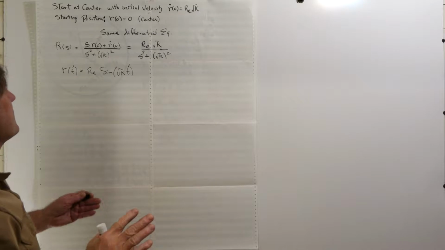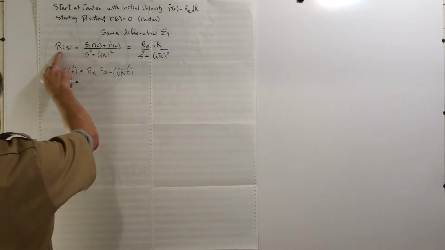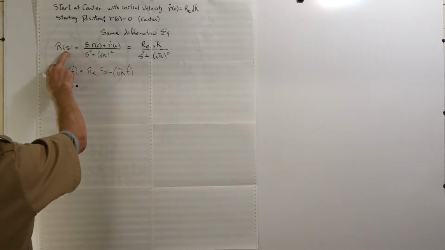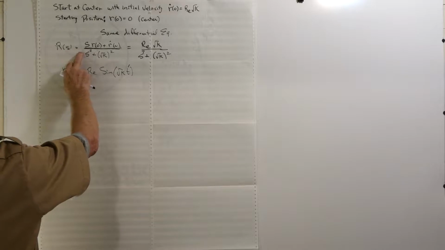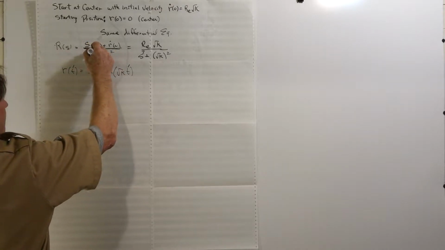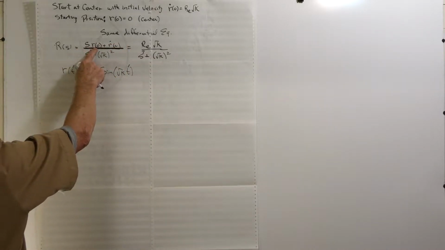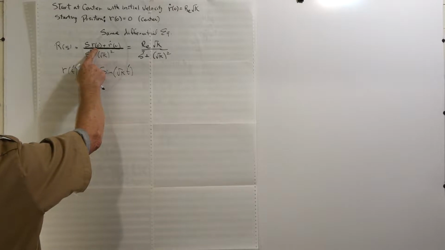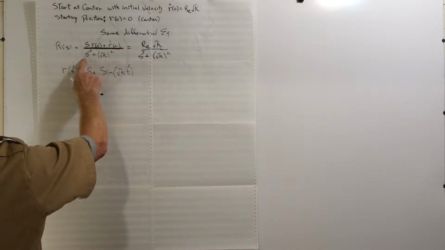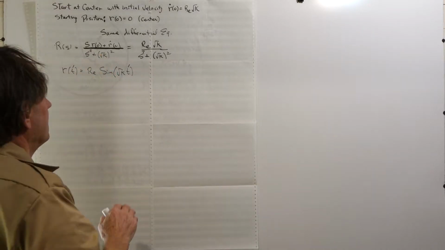Now we can use the same differential equation when we do this. So in the Laplace transform space, our position vector, R of s, is this value that we had before. It's s times the starting position plus the initial velocity, over s squared plus square root of k squared.